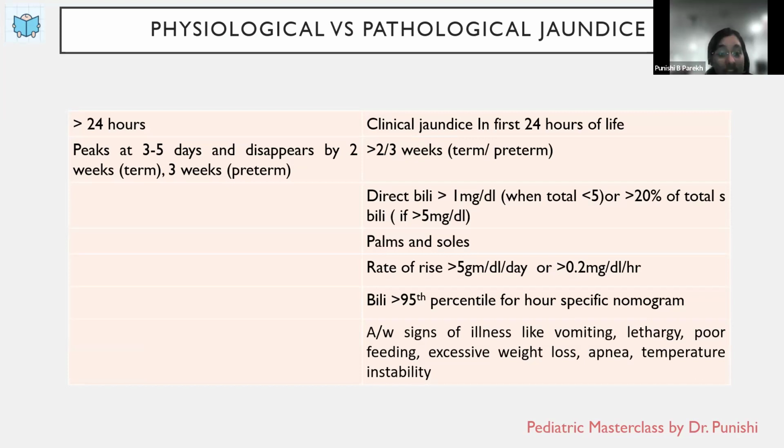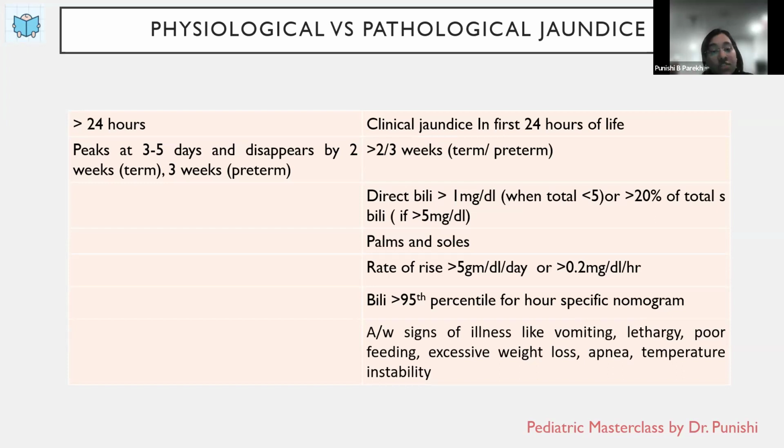If there's direct bilirubin, or conjugated bilirubin, that's more than 1 mg per dl, or more than 20% of the total serum bilirubin, if the total serum bilirubin is more than 5, then it is pathological. So remember, when you have higher levels of direct bilirubin, they are always pathological, and you need to find out what the cause is.